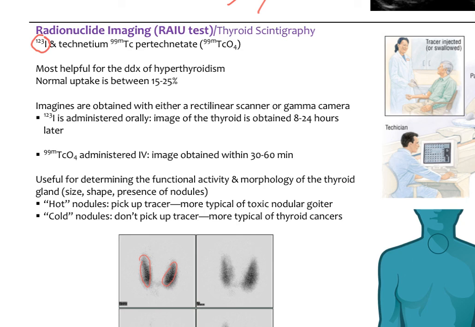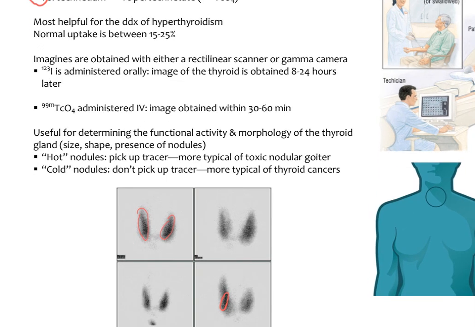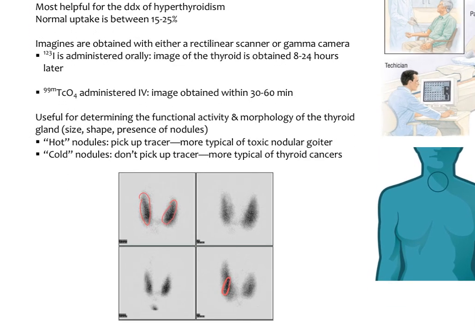I'll say more about what we actually measure and what the scoring system is when we look at hyperthyroid. If the entire gland takes up a lot of the tracer, and a person is hyperthyroid, and it doesn't look like there are any nodules, that's a pretty clear indicator of Graves' disease. So that would help us differentiate the different types of hyperthyroidism.